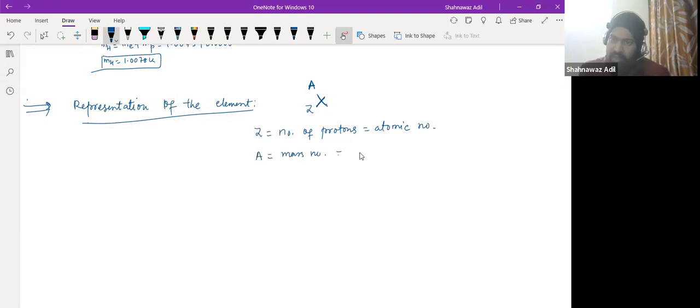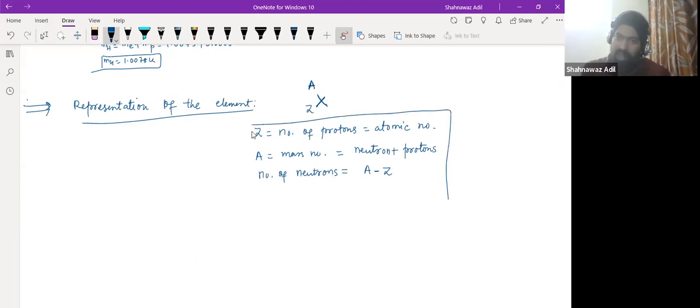This is the number of neutrons plus protons. So if we want to calculate the number of neutrons, the number of neutrons is A minus Z.